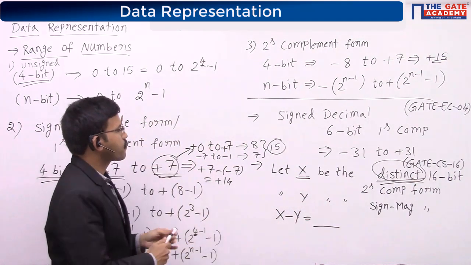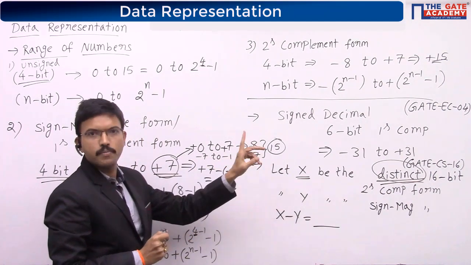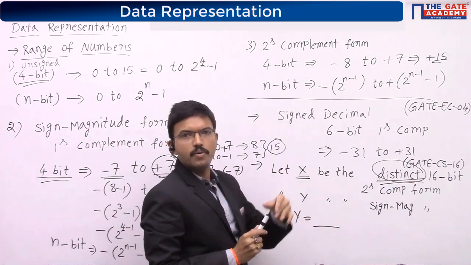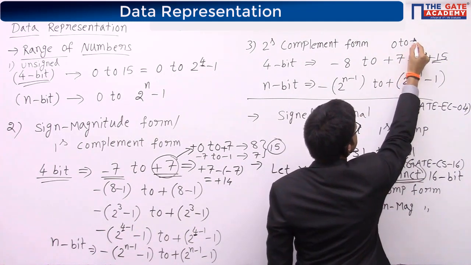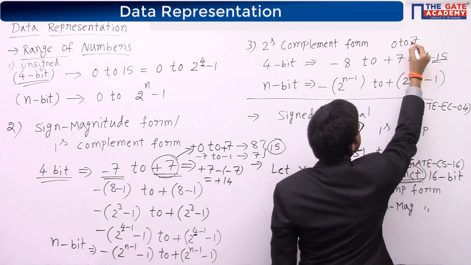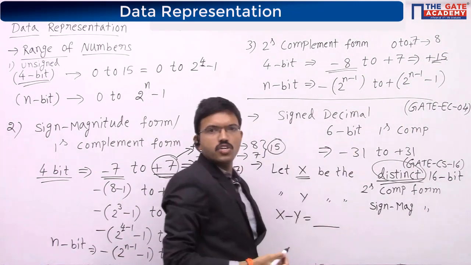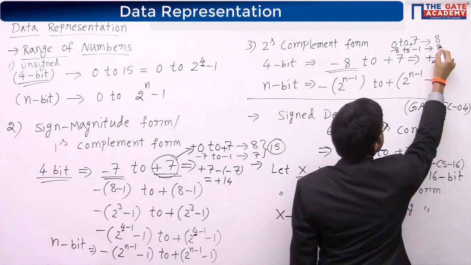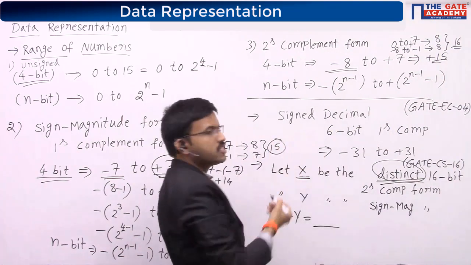So here minus 7 to minus 1, a total of 7 negative numbers. Total 15 only. Whereas in 2's complement form you are having 0 to 7, 8 positive numbers. Similarly, negative numbers you are having 8, minus 8 to minus 1. So here you are getting 8 plus 8 is 16. So 16 minus 15 is 1.